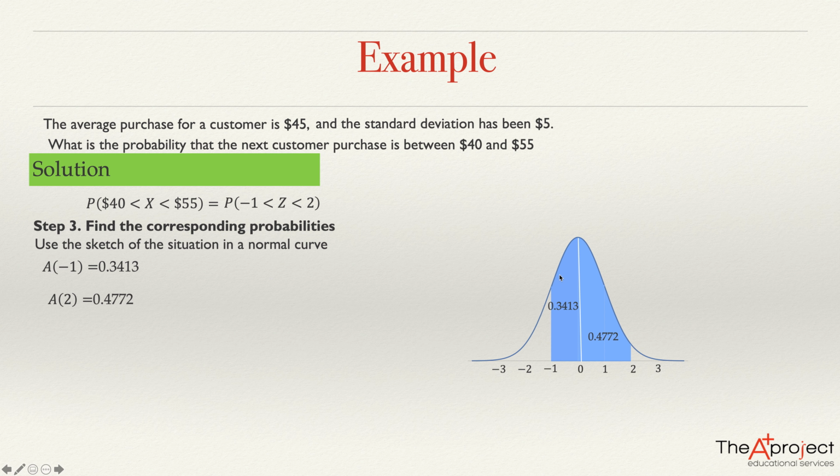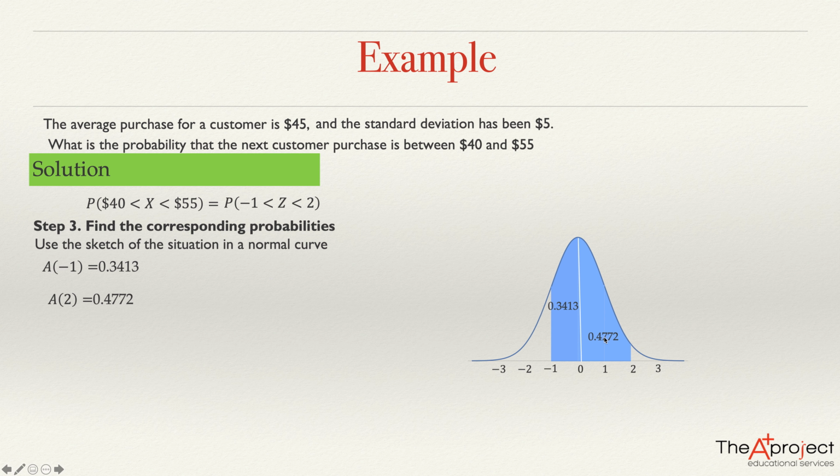When I make the sketch here, I immediately recognize that if I need to know the area between -1 and 2, I need to add together these two areas.